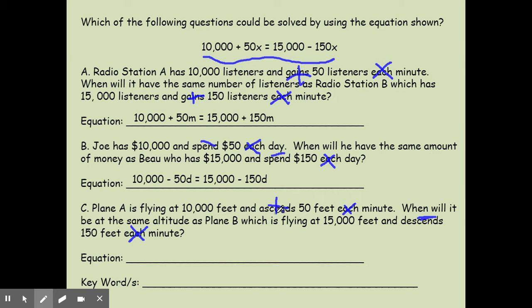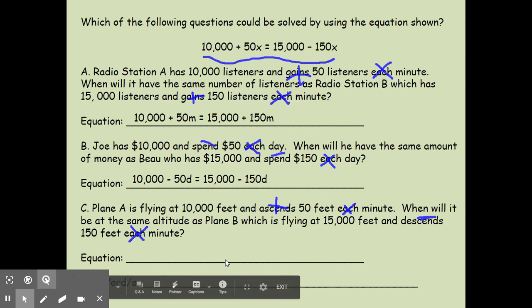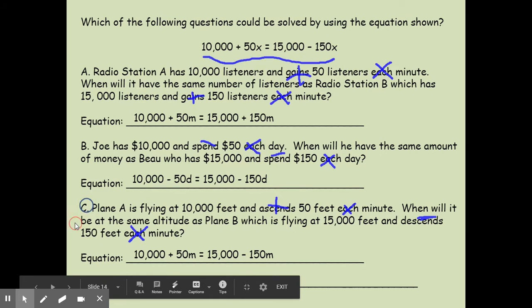Okay, so remember, ascend means from least to greatest, so we're going from 0 to really high, and descending means from a really big number to really small, so that means we're subtracting. Ascend plus, descend subtraction. Okay, so now we have our equation. Everything's matching, so that tells me that C is my answer choice.